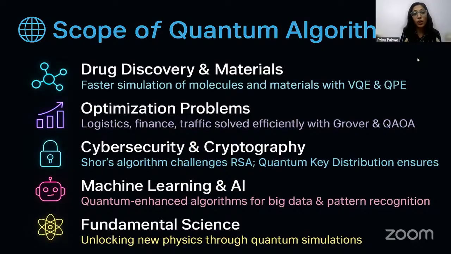This is what quantum algorithms bring to the table for people from different backgrounds. I've seen people worrying about how to get into quantum and what they have to do. It actually requires an interdisciplinary skill set, so you can just start learning.